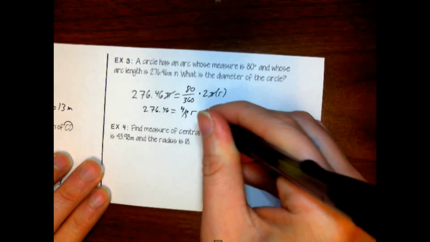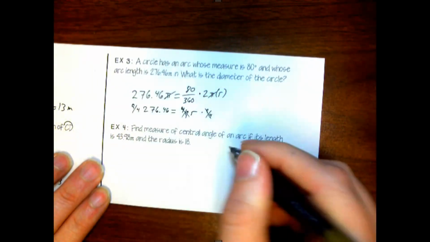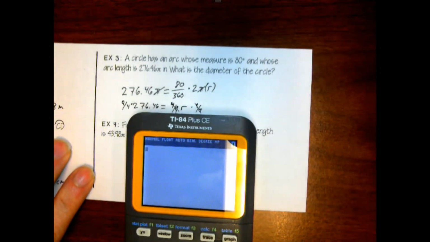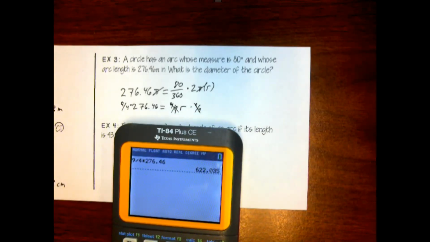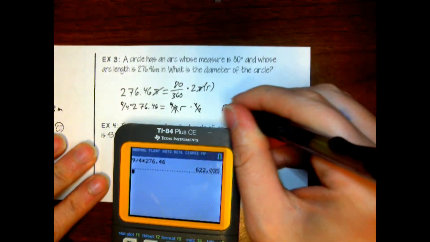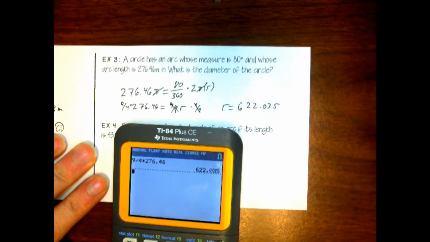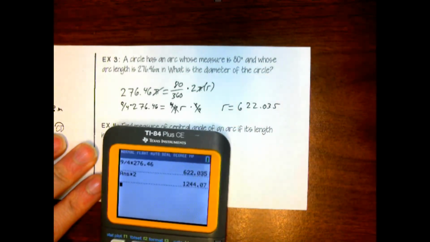So times 9/4, times 9/4 over here. And then the calculator can tell me that 9/4 times 276.46 is 622.035, so that's my radius. And then I double that to get my diameter, and that's going to be 1244.07.